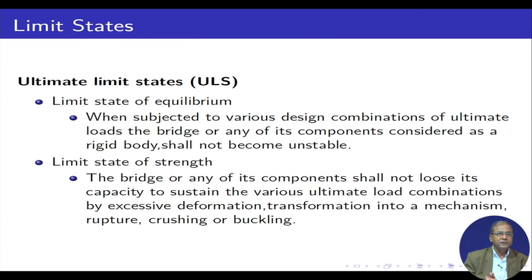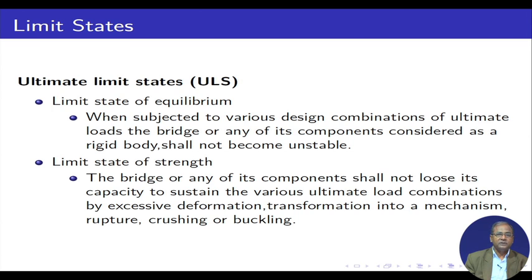Now, ultimate limit state, ULS. The limit state of equilibrium: when subjected to various design combinations of ultimate loads, the bridge or any of its components considered as a rigid body shall not become unstable. So, this is the equilibrium, that as a whole it should be in an equilibrium position.